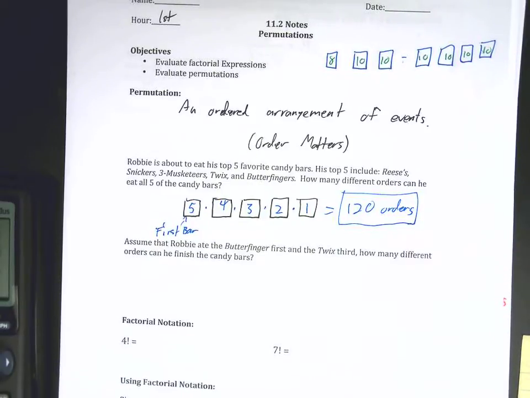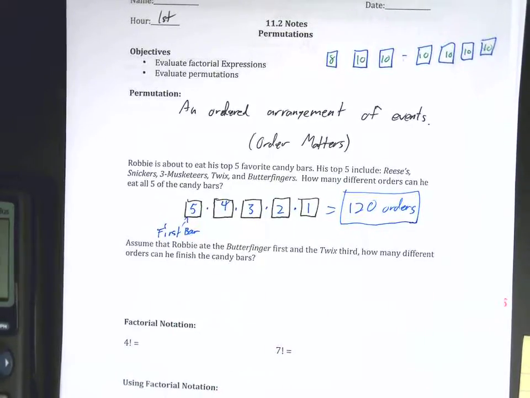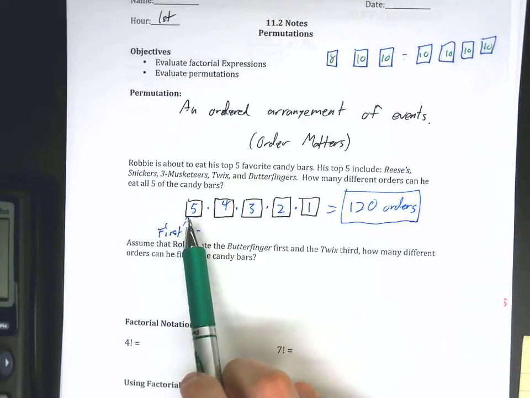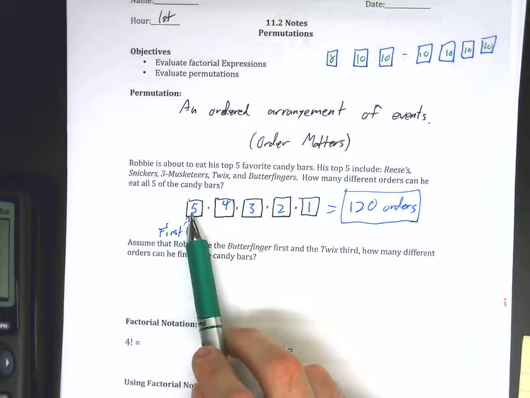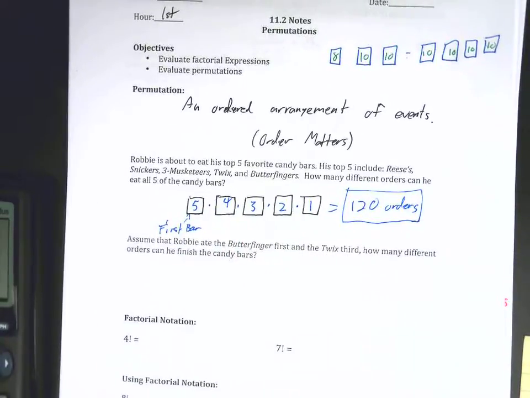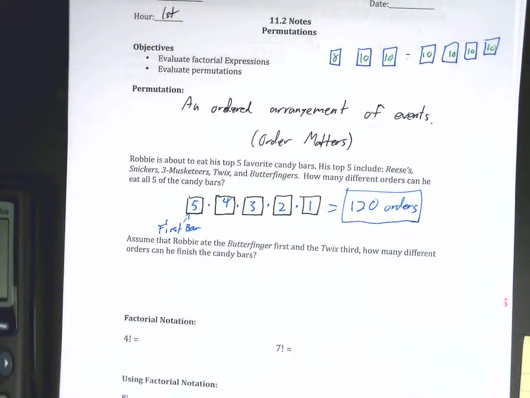Does anybody know what mathematical function we use when we do this counting down multiplying, where we do 5 times 4 times 3 times 2 times 1? Or if we had, let's say we started out with a 10 and it was 10 times 9 times 8 times 7 times 6, and then so on down to 1. Does anybody know what that's called?